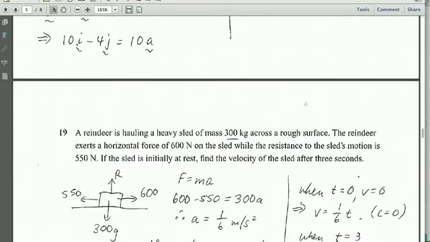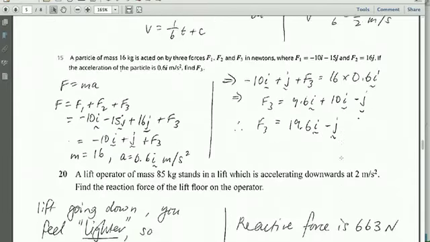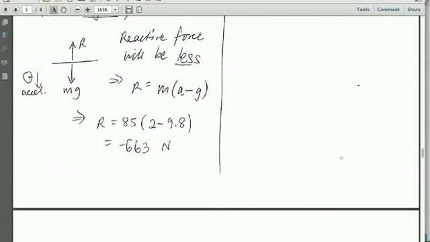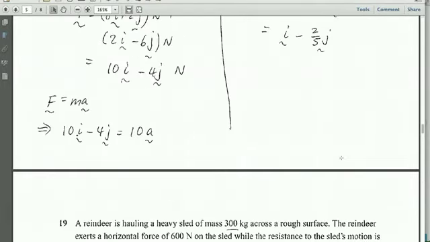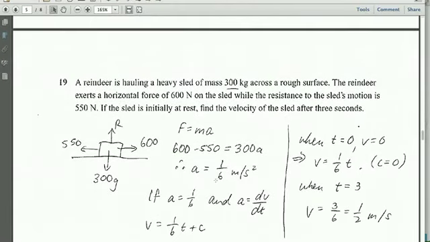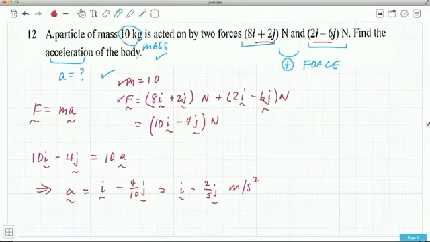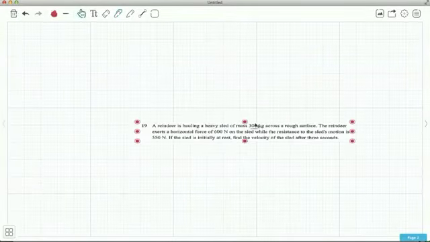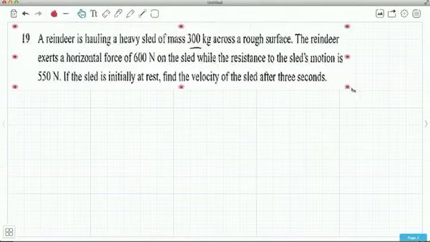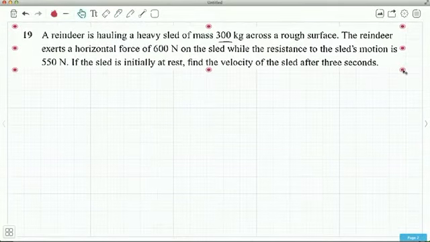For 19, this is the reindeer. Good question. Okay. You need to draw a picture for these. We've got to look at a diagram for this because it is important to draw this up. So a reindeer, a heavy sled, there's a lot going on.